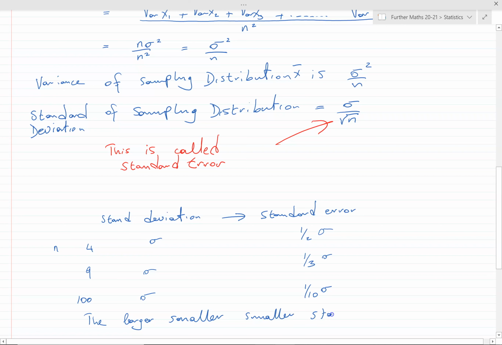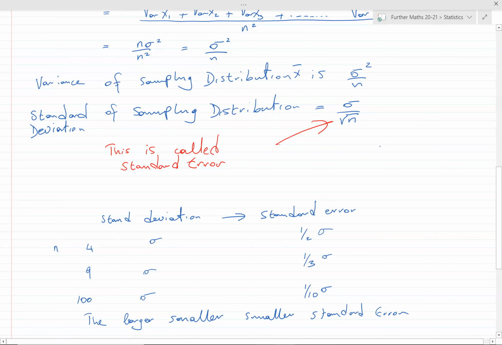But it goes down at a decreasing rate, so it's desirable when we're doing hypothesis tests to have the standard error as small as we can, but there are cost implications because of the law of diminishing returns and the square root sign on the bottom.